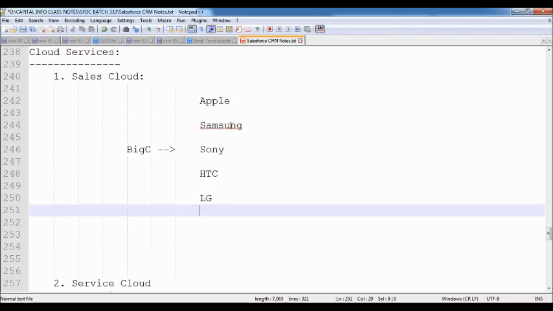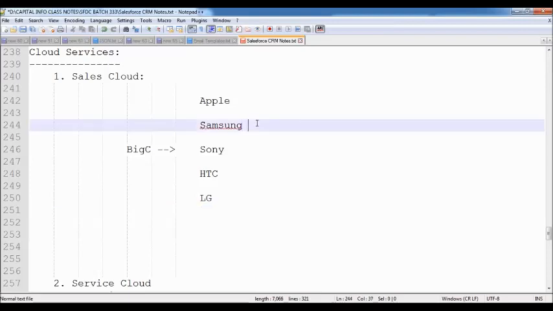Now, for example, assume that whenever they're selling the Sony products, or the Samsung mobile products, or any of the manufacturers' products, they follow various processes.